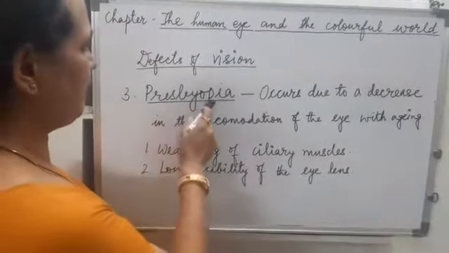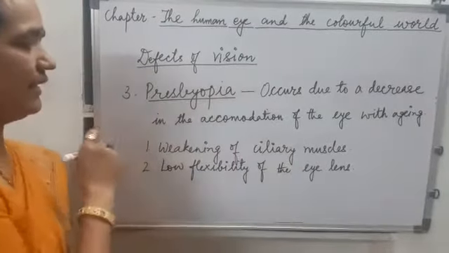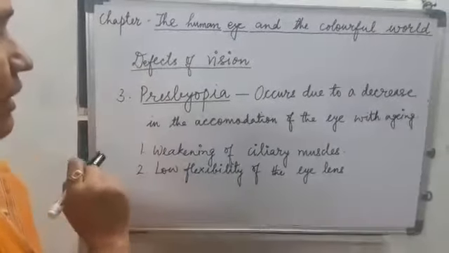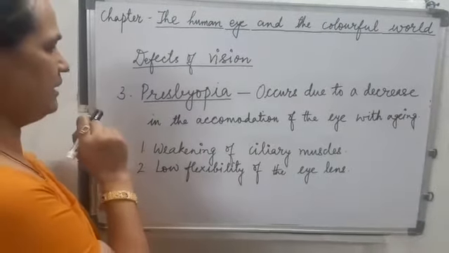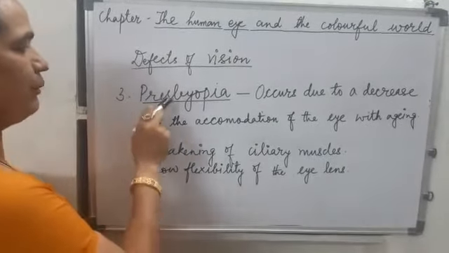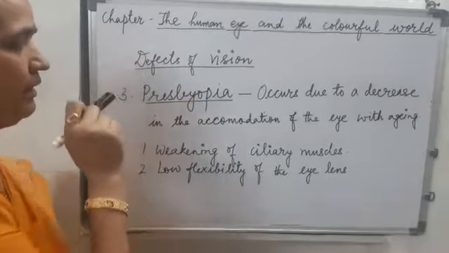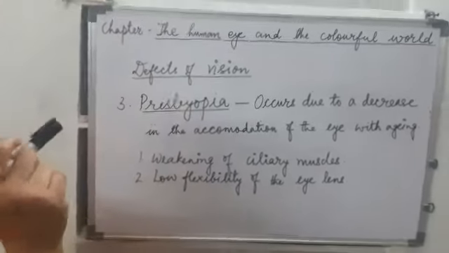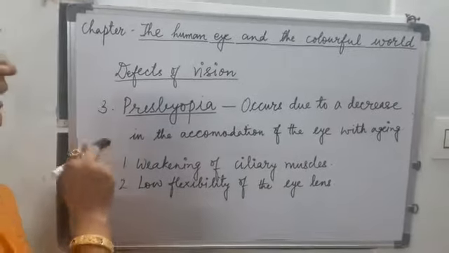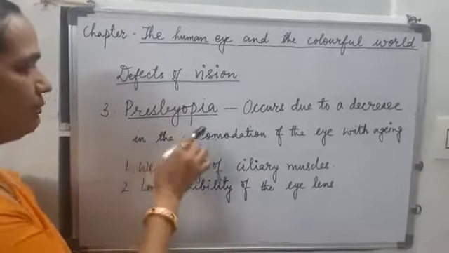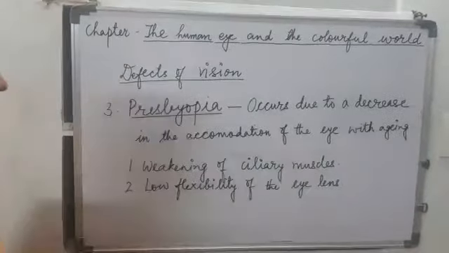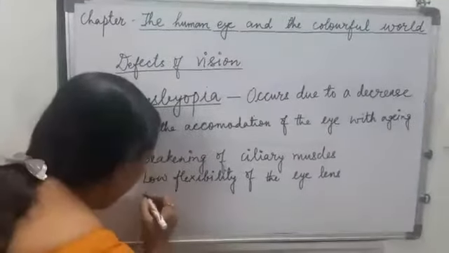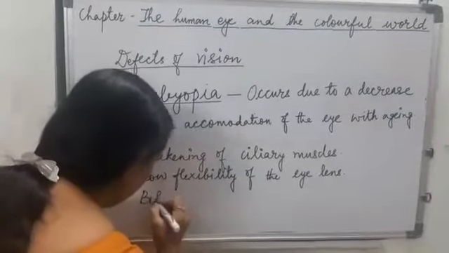This presbyopia can also be called hypermetropia of old age, or it is a mixed form of myopia and hypermetropia, where the person is not able to see nearby and distant objects clearly. This defect can be corrected by using bifocal lenses.